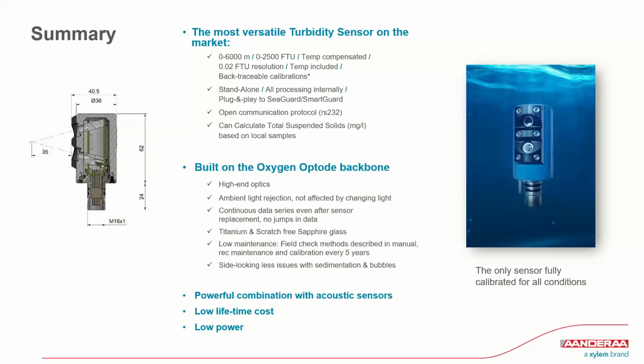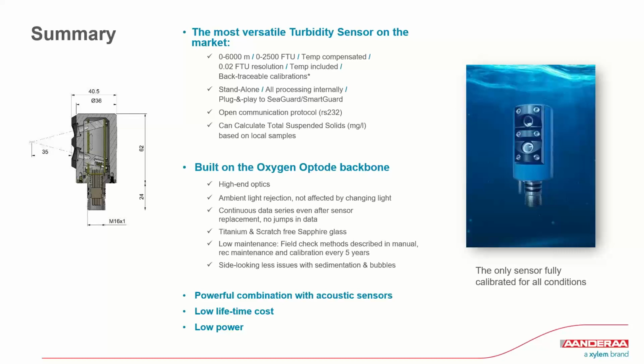First of all, different depth ratings, different ranges, and mostly the fact that it is completely calibrated for all of these different areas of use, and is back traceable to the sensor. The sensor produces a lot of metadata to enable you not only to know what it's measuring, but also which sensor is measuring it and what the conditions were.